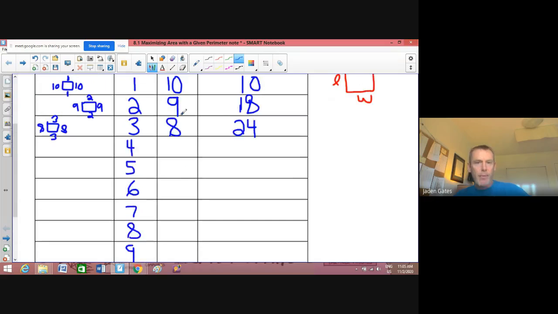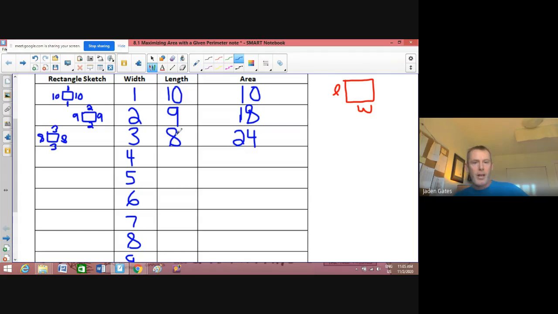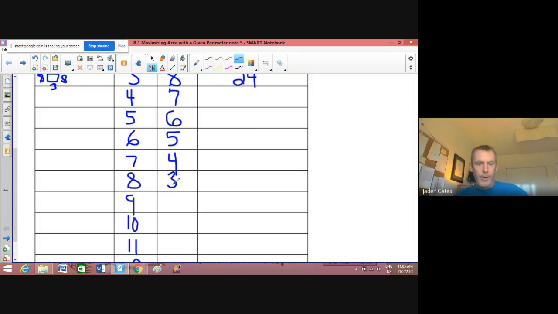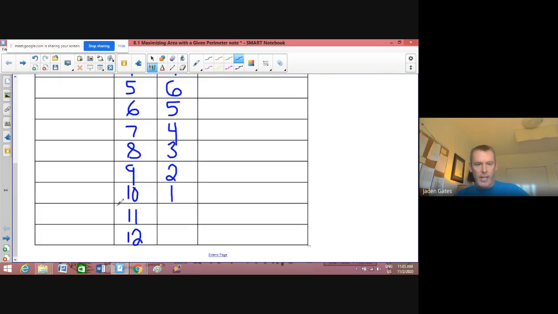I can do the same thing for my length. It's going 10, 9, 8. Well, it looks like the next one has to be 7. Then a 6, a 5, 4, 3, 2, 1. And I can't have a rectangle with a length of 0, so these ones don't even make sense, so we'll cross them out.